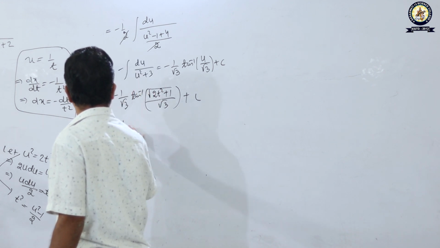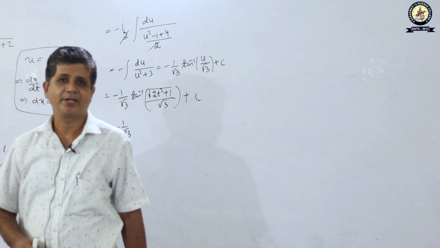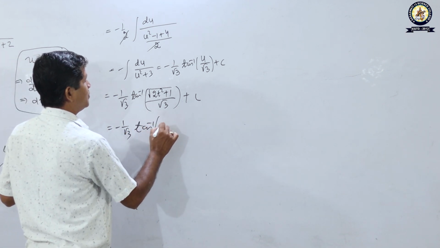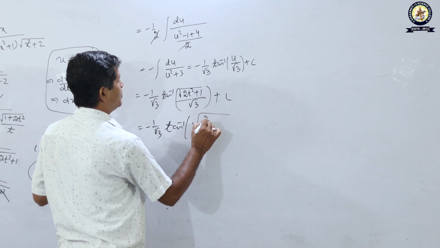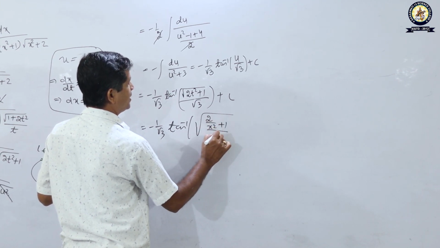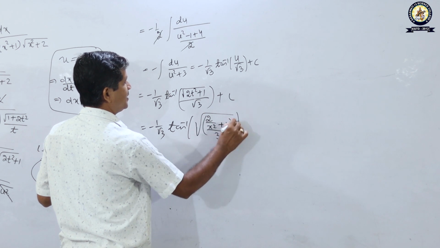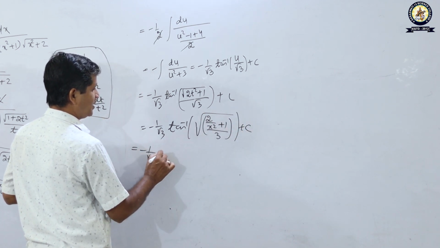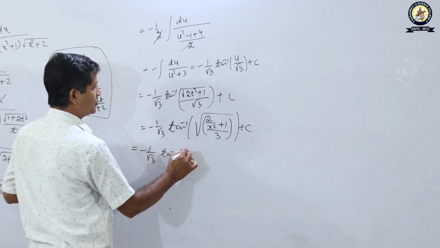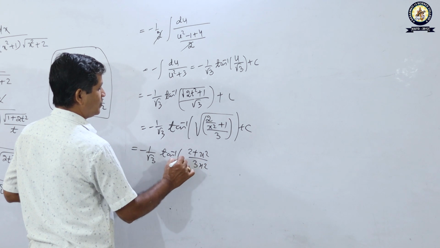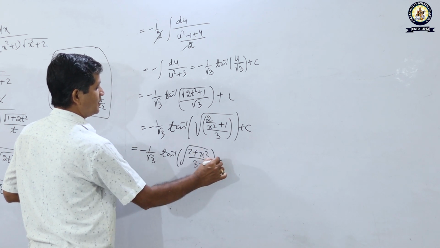So, minus 1 by root 3 into tan inverse root over of (2 by x square plus 1) by 3, this plus c, is equal to minus 1 by root 3 tan inverse of whole root over of (2 plus x square) by 3x square, plus c.